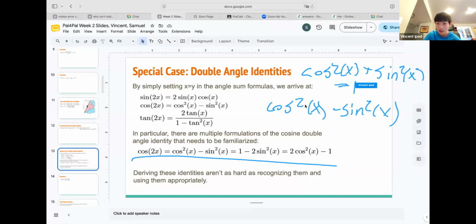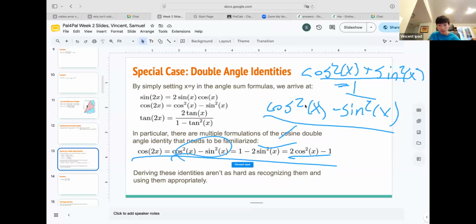So you can add that and subtract the 1 to get this, because that's cosine squared x plus cosine squared x plus sine squared x minus sine squared x minus 1, which is basically just this plus this minus this. Same thing for this. Deriving these isn't that bad, but you have to be able to use these in an appropriate way, because sometimes it's better to use this one, sometimes it's better to use this one, and sometimes it's better to use this one.